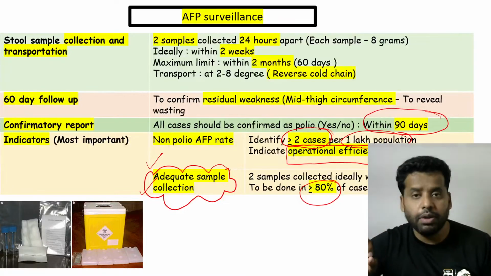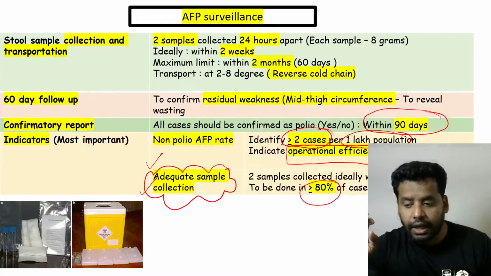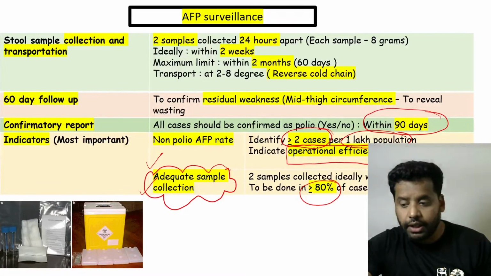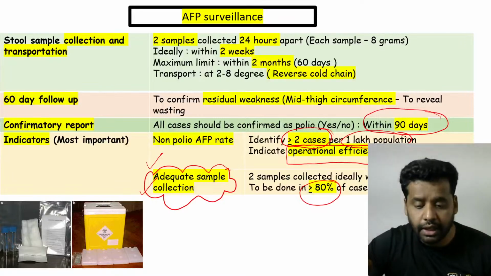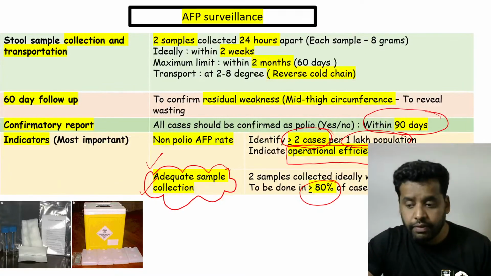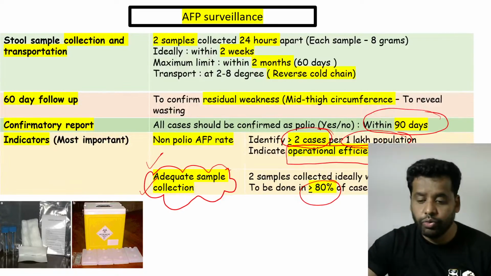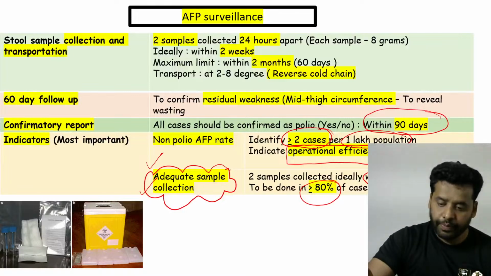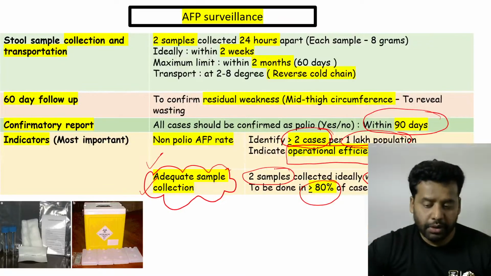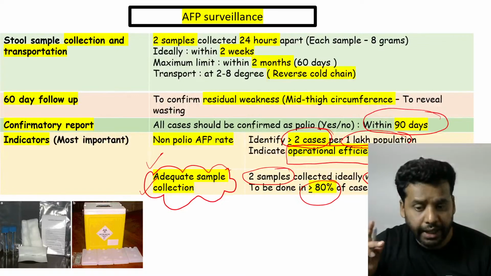This is the number we are giving. You cannot achieve this target in 100% of the cases. That is why we are giving the target of at least 80% of the cases. What is an adequate sample? 2 samples to be collected within 2 weeks. Remember the time limit. And 1 sample should weigh how much? 8 grams.